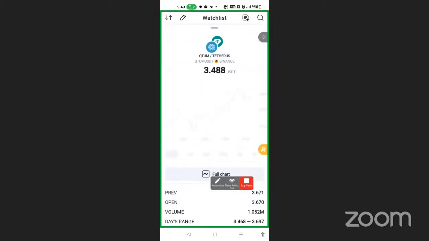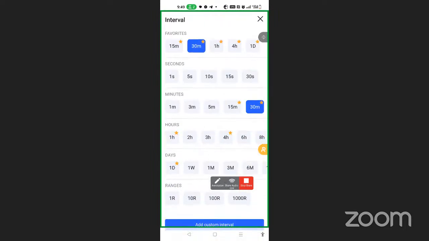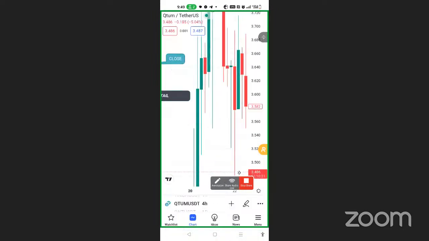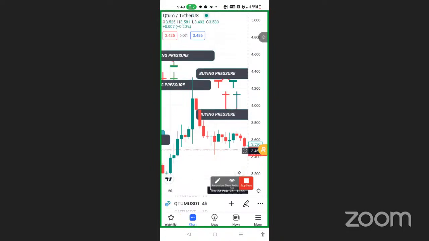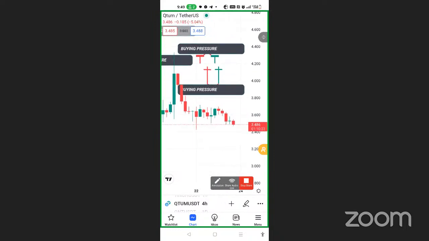Let me look at this coin. This coin was pumping recently. So 4-hour time frame or 1 day, it's up to you. Okay. I love these pictures, but let me delete them.